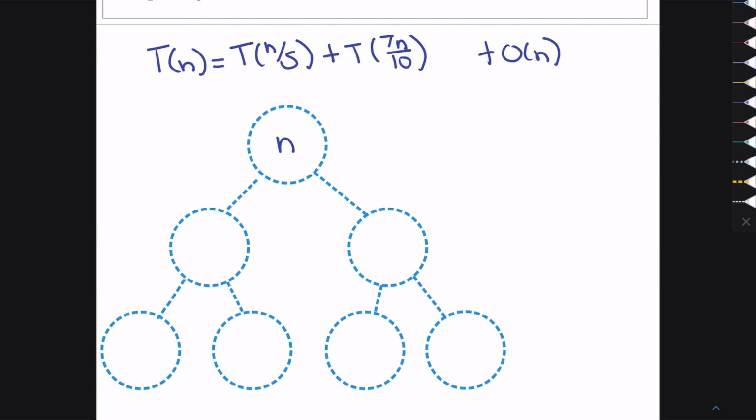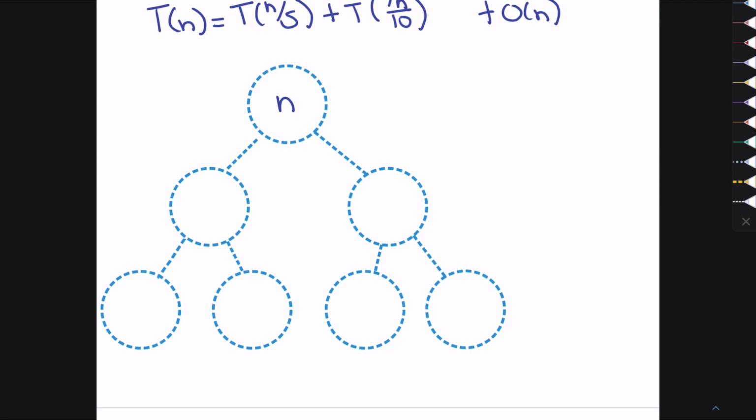All right, so when I start to fill out this tree, this subproblem here has size n over 5. That's not great handwriting. N over 5. This subproblem has 7n over 10. This will be 1 over 5 squared times n.